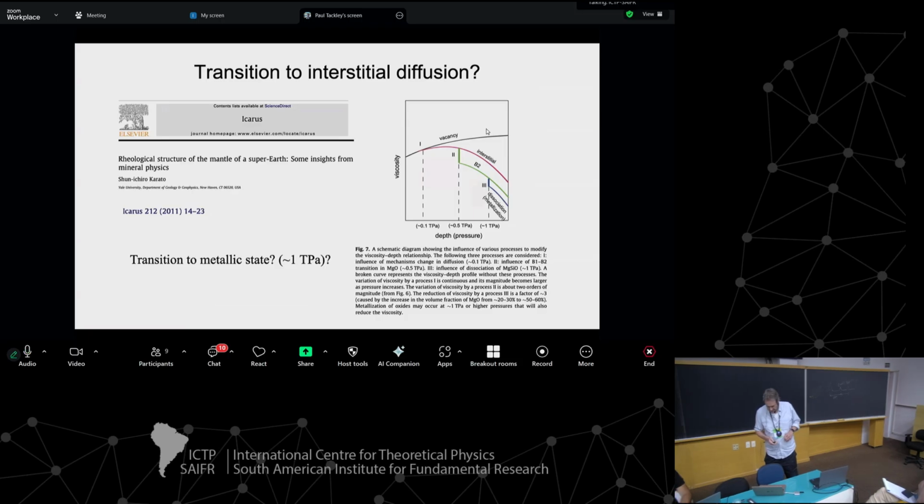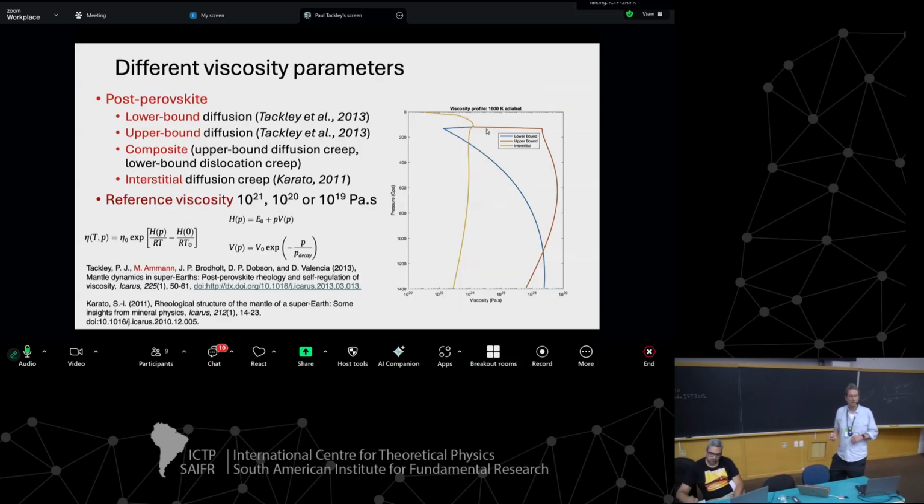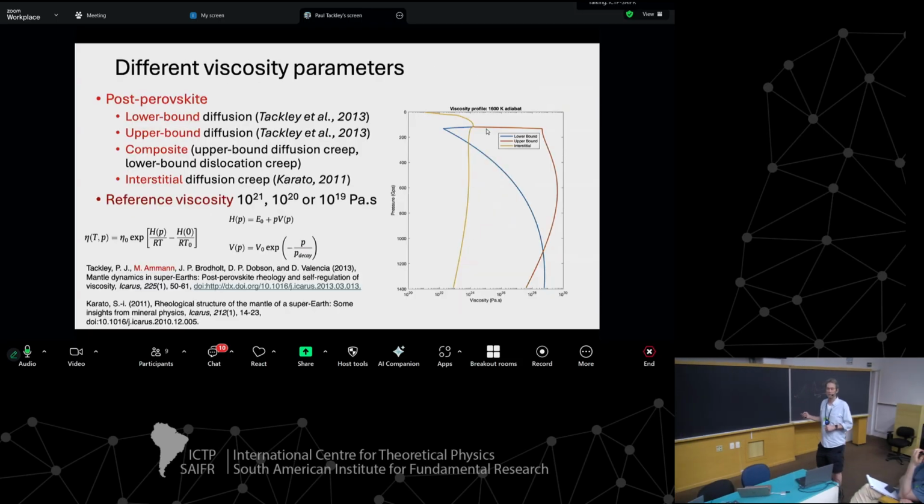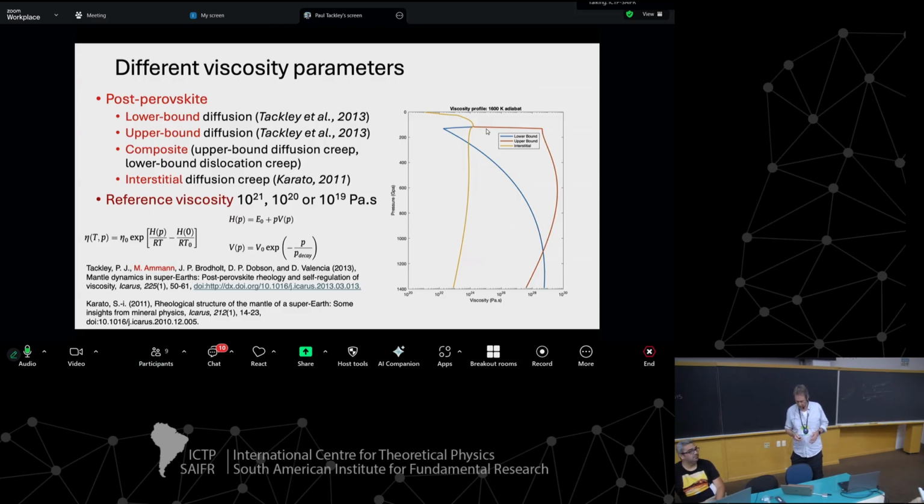So, okay, we can model all of these possibilities, remaining sort of agnostic as to which one might be most accurate. So this is the sort of Karato-like one, lower bound, upper bound, and also we can have a composite rheology that's including dislocation creep.